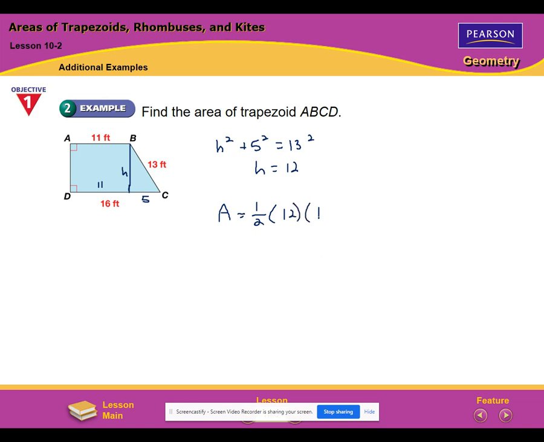Again, make sure you use 11 and 16 as the 2 bases. 11 is the length of AB, 16 is the length of DC, and then we just use our calculator from here. A little bit of mental math: 1/2 of 12 is 6, so I'm really multiplying 6 by 27, since 11 plus 16 is 27. And we get 162 feet squared.